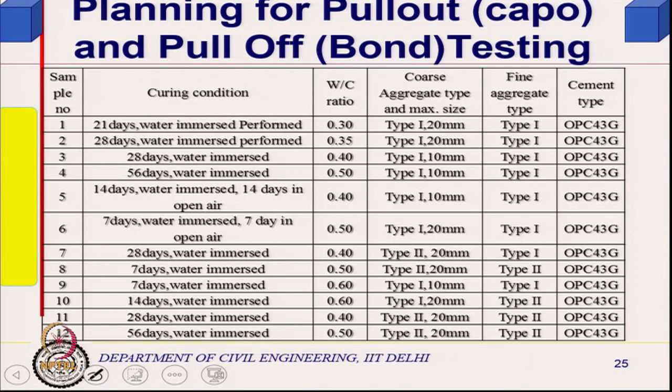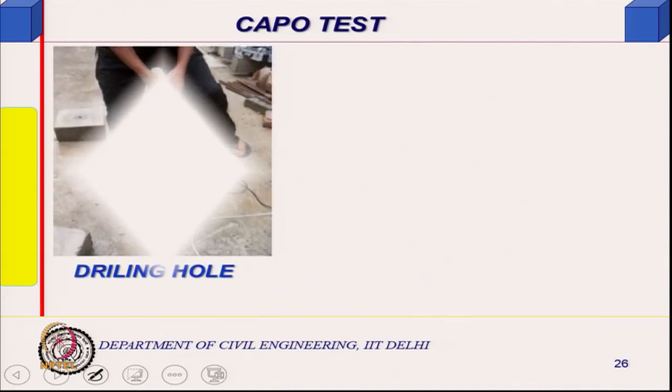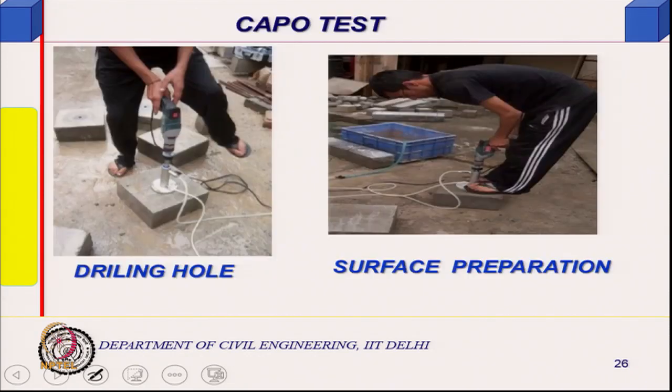For example, coarse aggregate type, fine aggregate type, there are 2-3 types of fine aggregate we used, different cement grades. Of course, here it is a single grade, with water cement ratios 0.3 to 0.4. And 7, 14, 21, 28 days etc. variation we used, and we found this capo test gives us fairly good results.